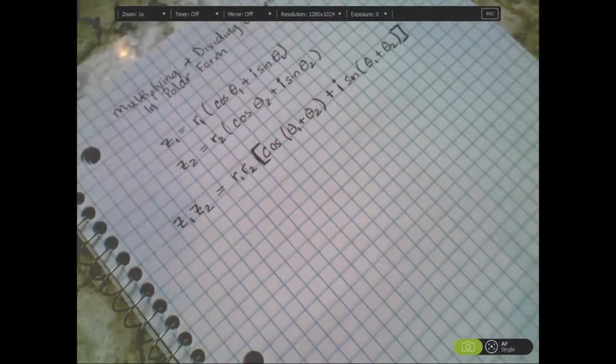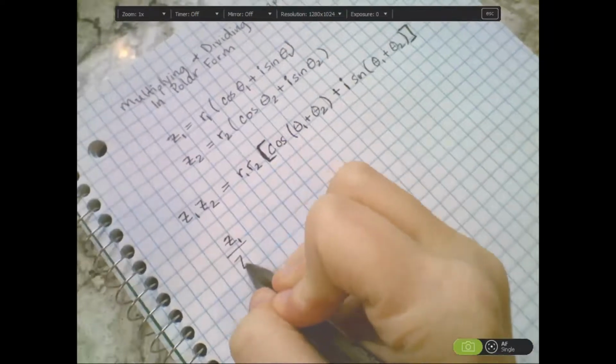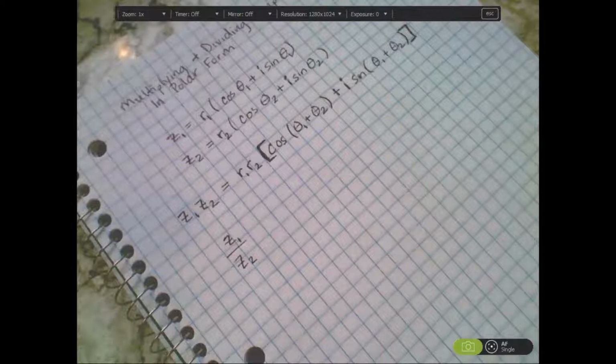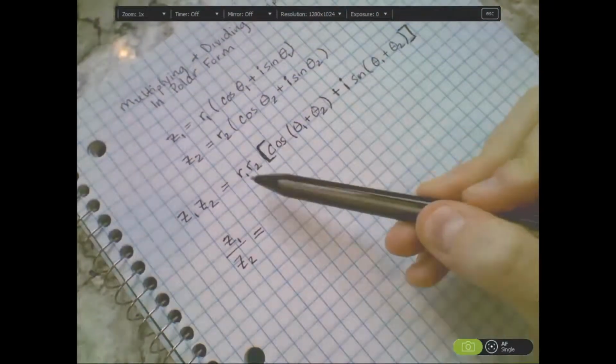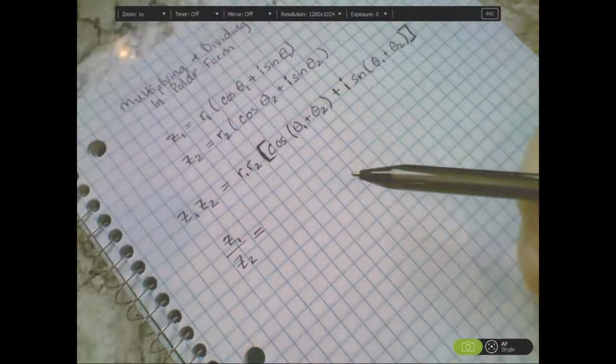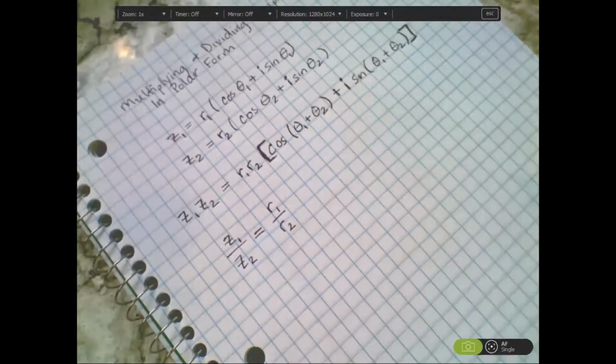And then for division, if I wanted to do Z1 divided by Z2, you can probably guess, if you remember a little bit about those log rules, it's similar. So we're going to start off similar to what we did with the multiplication, but instead of multiplying the two R values together, we're going to divide the two R values.